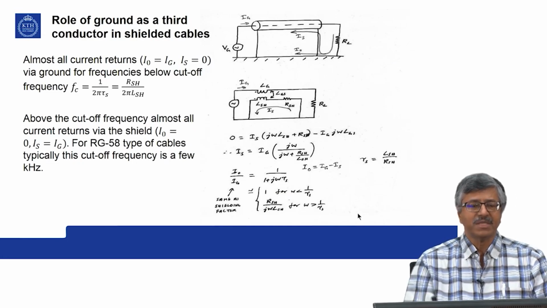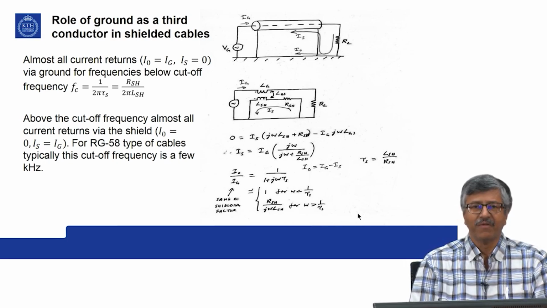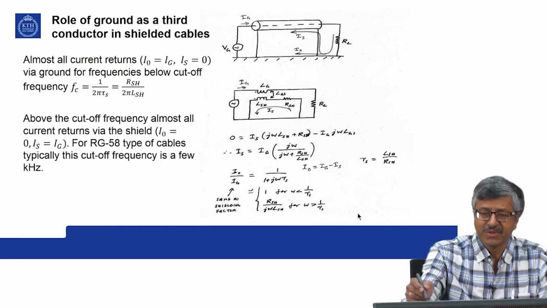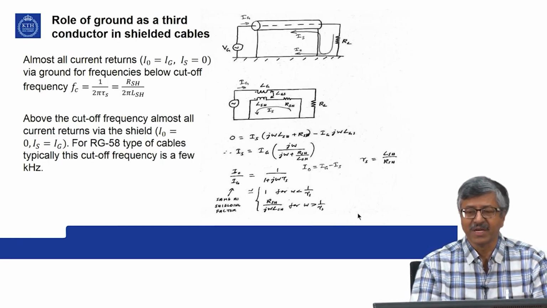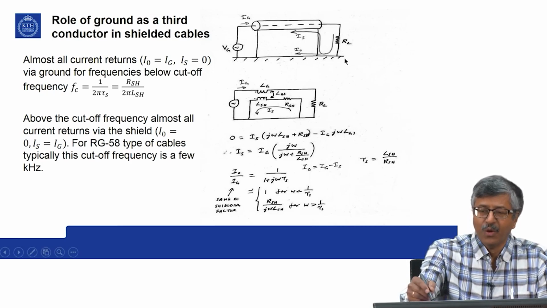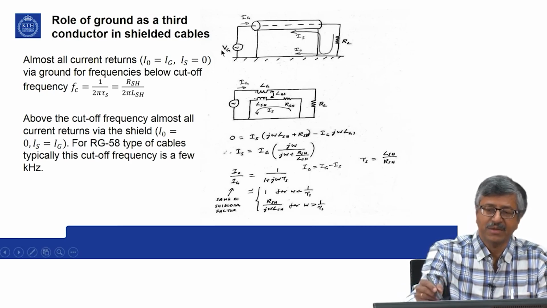Now, in shielded cables, ground often appears as a third conductor. If you have a shielded cable in close proximity to a reference, and you have certain currents in it, you have seen in the theory for shielded cables that beyond a certain cutoff frequency, almost all the currents will be returning via the shield, not via the ground.